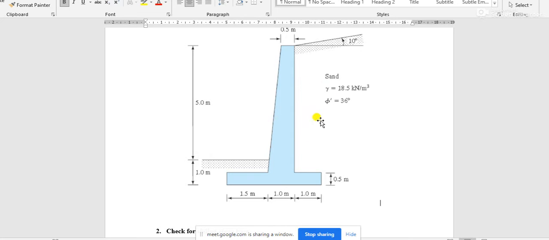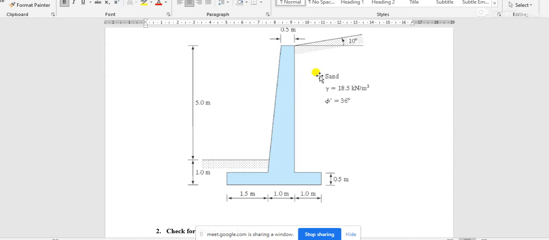Now as this active thrust is acting in an inclined way, we have to divide it into two components. If the active thrust is PA, then the horizontal component will be PA cos 10 degree, and the vertical component of this active thrust is PA sin 10 degree.